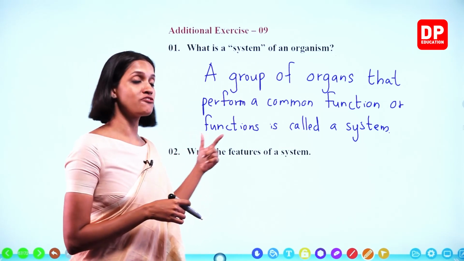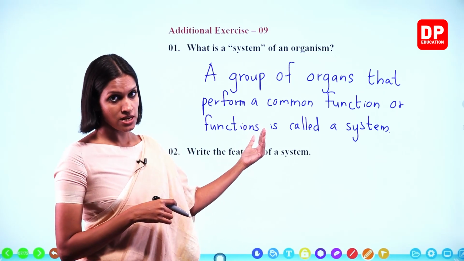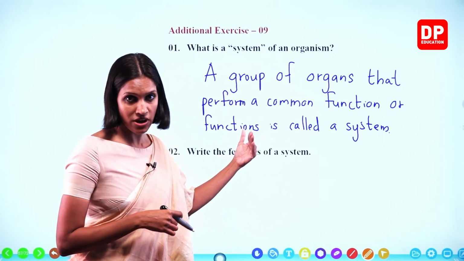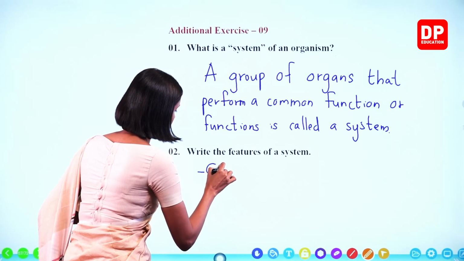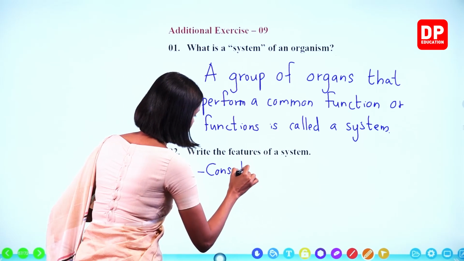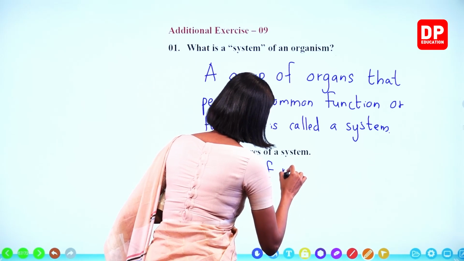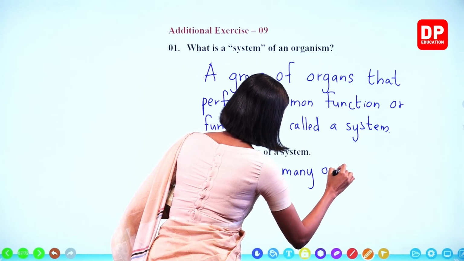Write the features of a system again. Number of organs present, several organs present, they perform the same function, common function or functions, right? Consists of many organs.